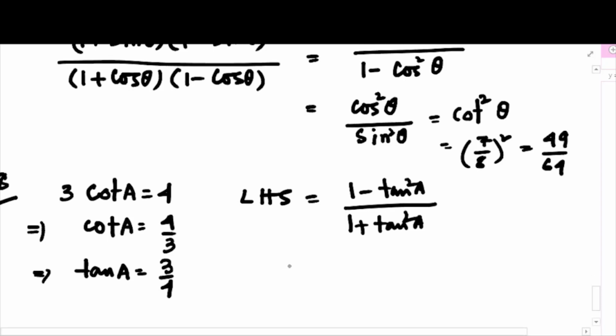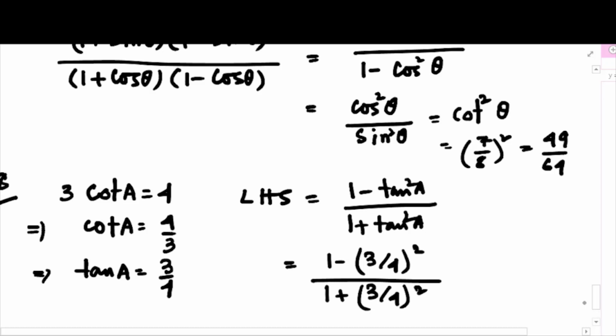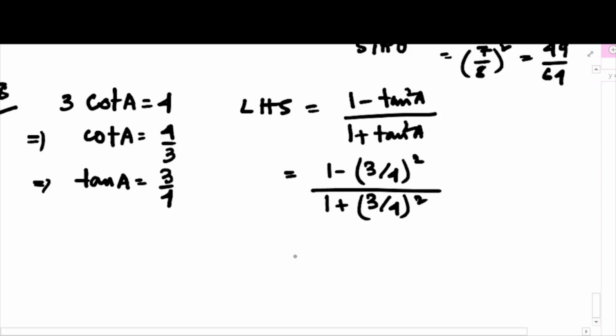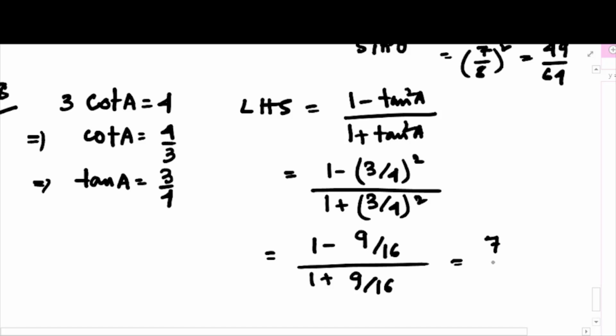So if I put the value of tan A here, it will become (1 minus 3 by 4 whole square) by (1 plus 3 by 4 whole square). So that means it will become (1 minus 9 by 16) by (1 plus 9 by 16). 16 is the LCM, so you'll get 16 minus 9, 7 in the numerator. Here you'll get 16 plus 9, that means 25 in the denominator. So 7 by 25 is the value.